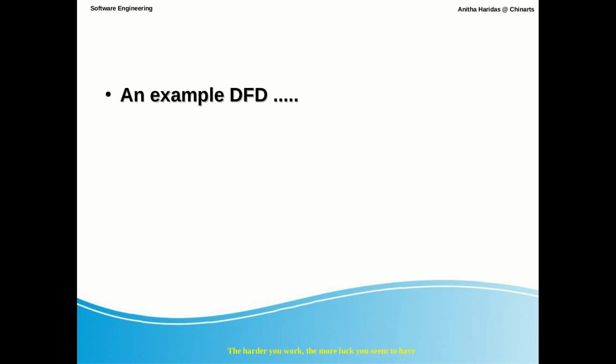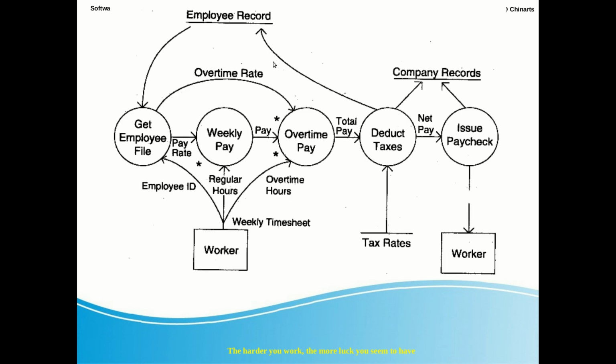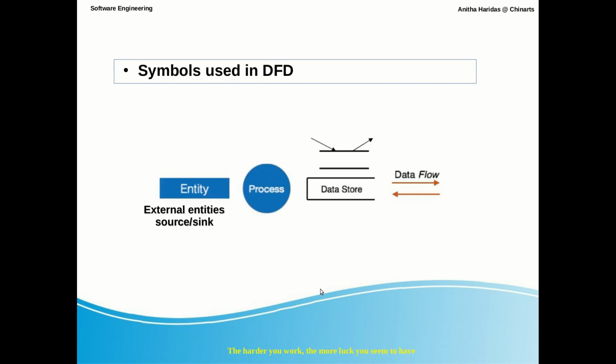We have seen an example DFD, with each process, what is the input for each and every process or function, from where the input comes, where the output goes, what is the input going in, and what is the output coming out from each and every process. All these things we discussed in the previous video.